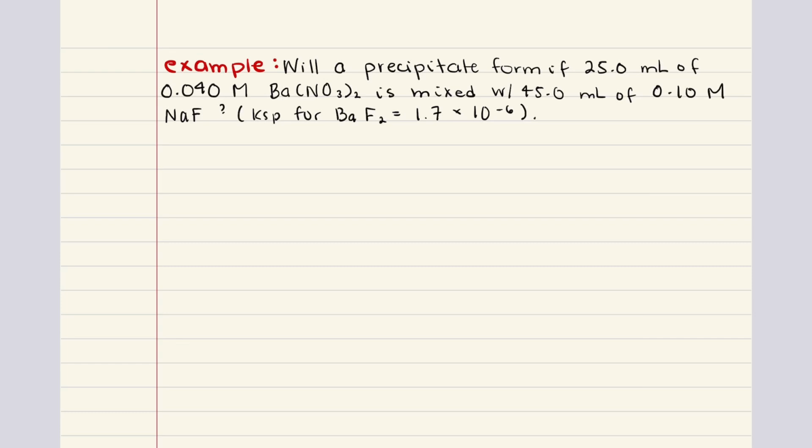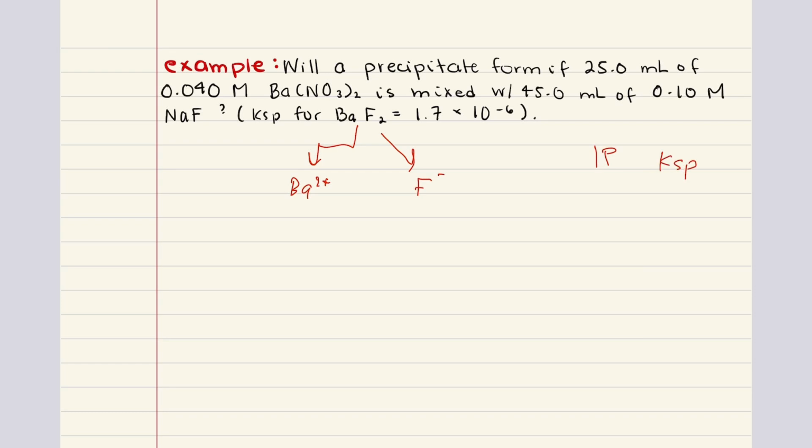We're being asked to determine if barium fluoride will precipitate from the solution. And the relevant ions here are going to be barium, 2+, and fluoride, 1-. We can determine if precipitation will occur by comparing the ion product we're going to calculate to the KSP value we're given.